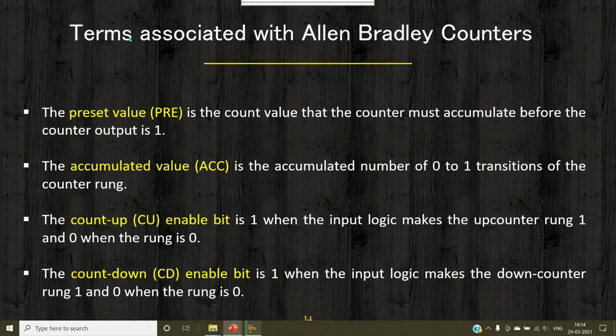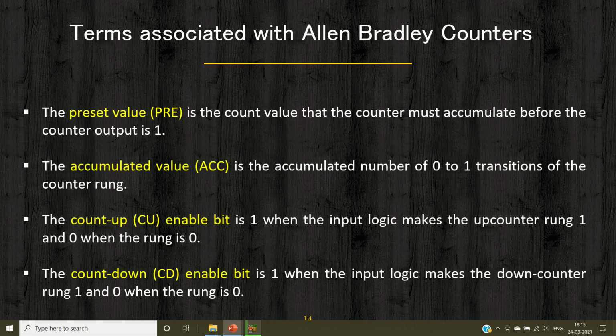Now you can see the first terminology that you come across in an Allen Bradley counter is the preset value. Preset value is the value that you program for the number of counts you want counted by that counter. It is the count value that the counter must accumulate. When I talk about the value the counter has to count, that is not the technical language; we must say that it must accumulate.